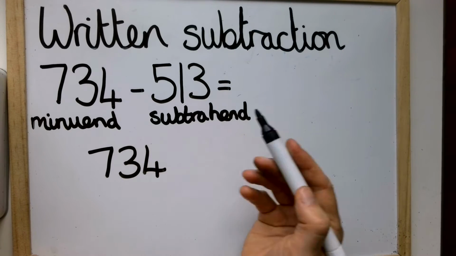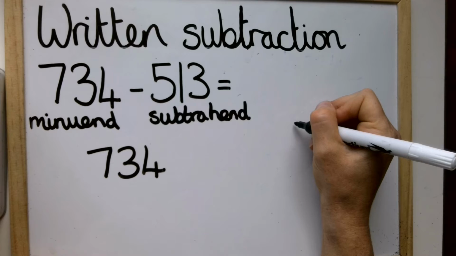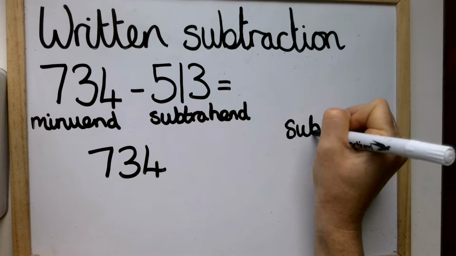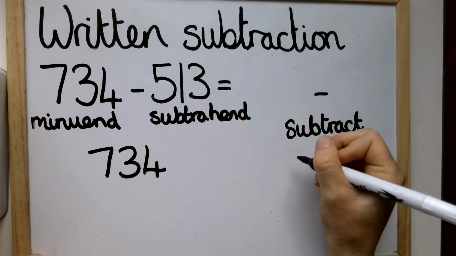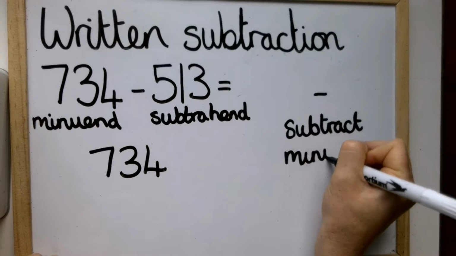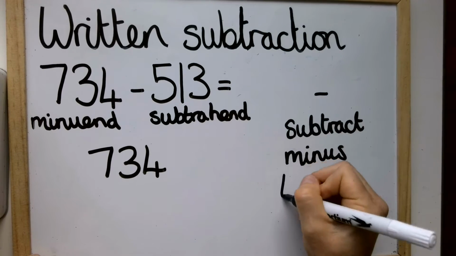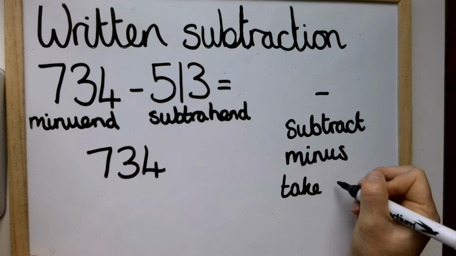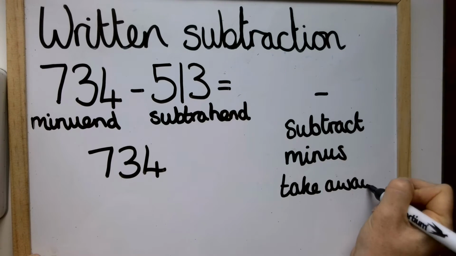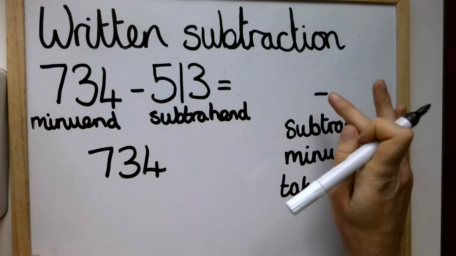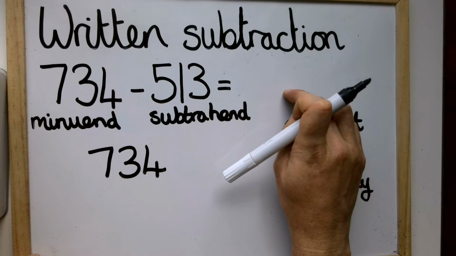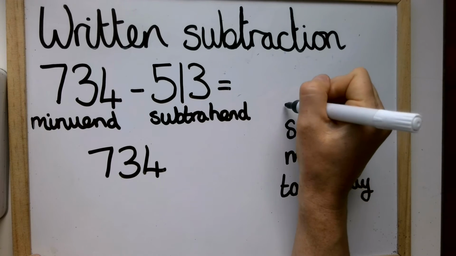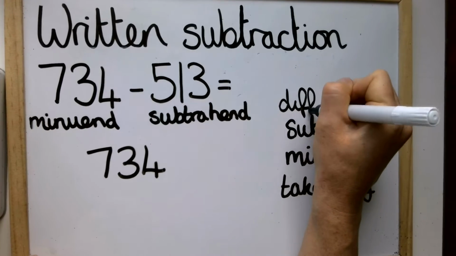This symbol, the subtraction symbol, has different names. We can say subtract, minus, take away, and the answer to our number sentence, when we have finished it, will be called the difference.